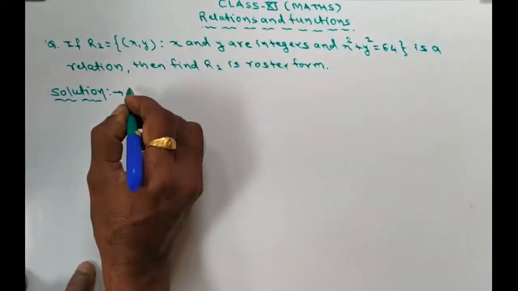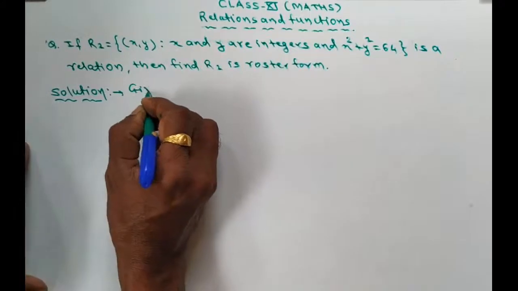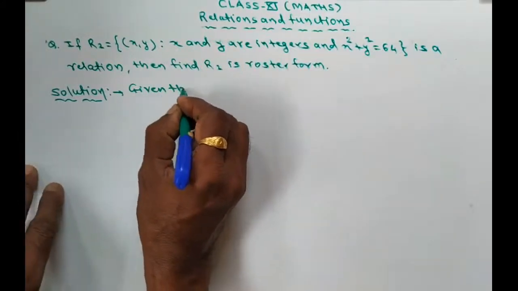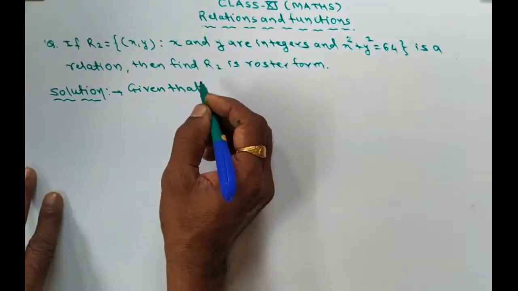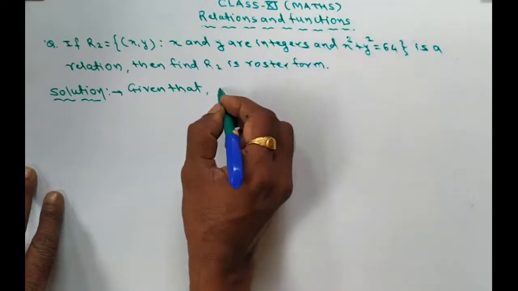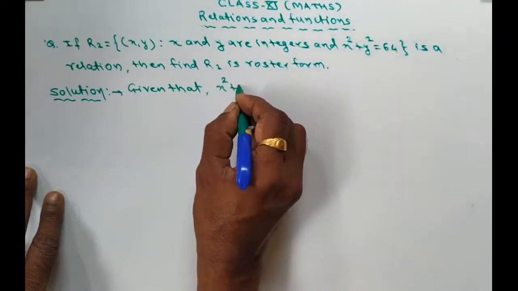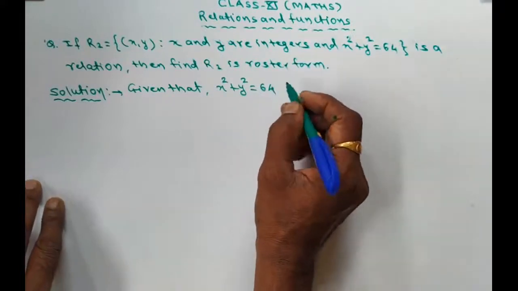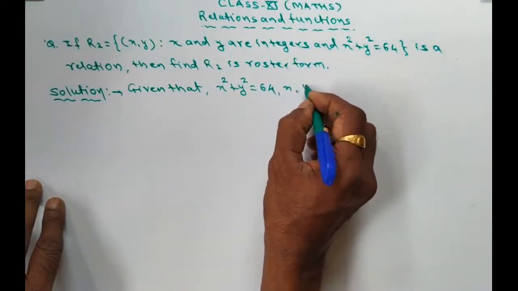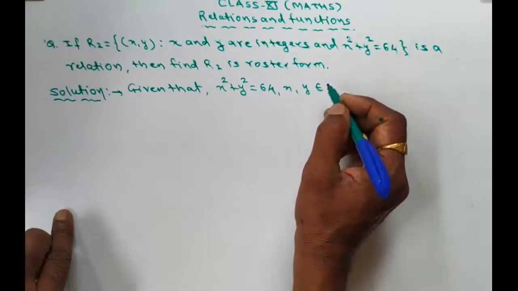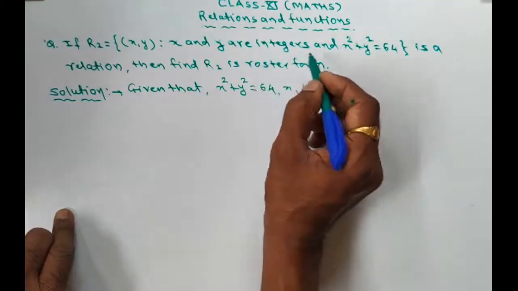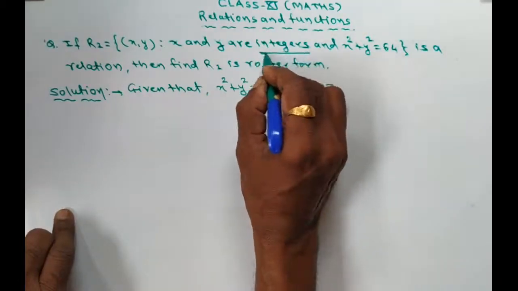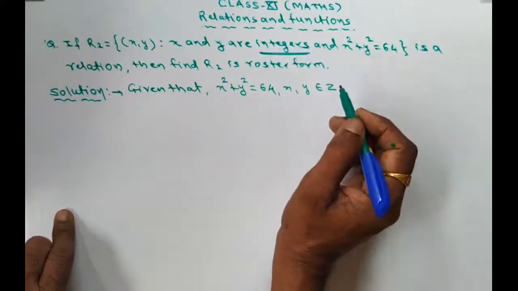Okay, so solution, given that x² + y² equal to 64. So x and y belong to Z, integers. He has asked that x and y should be integers.